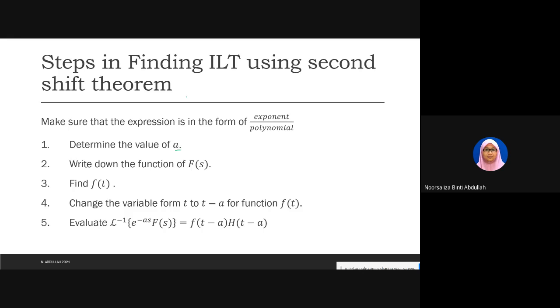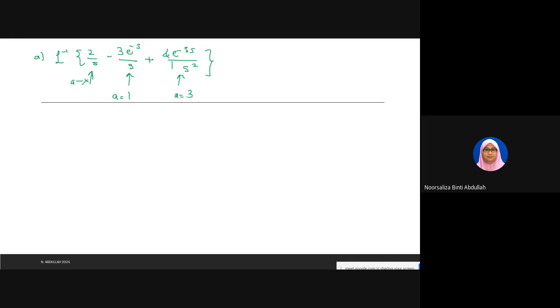Next step is write down the function of F(s). Tulis function F(s) dia. So what is the F(s) of this? A you get from the exponent, right?